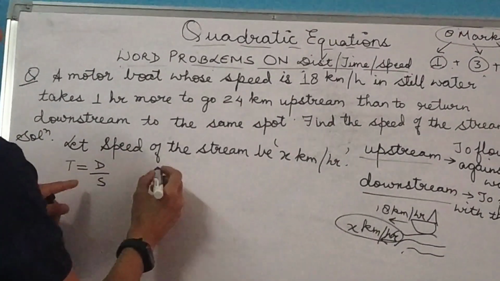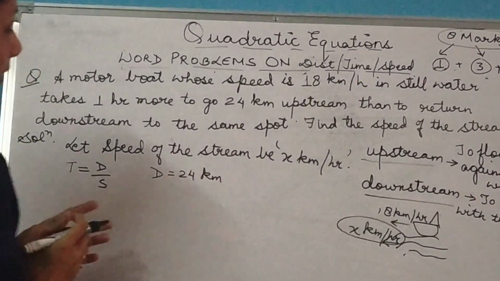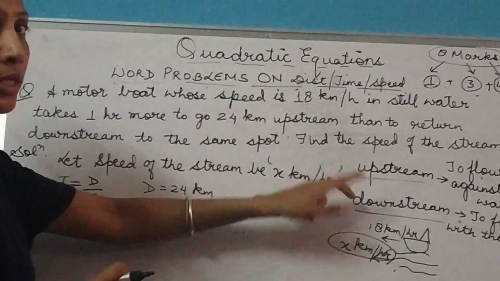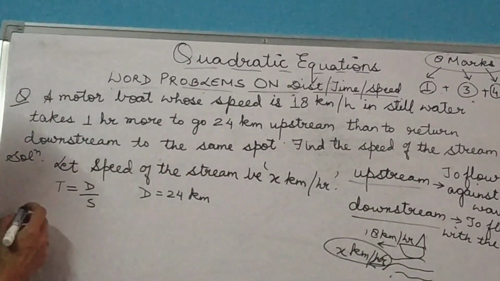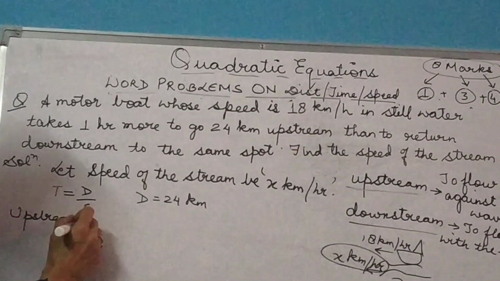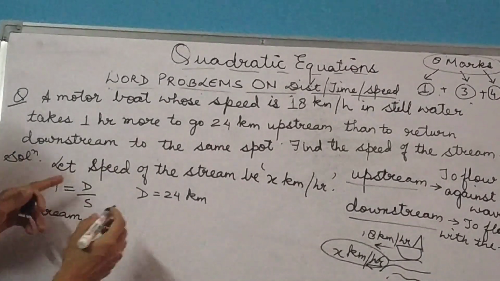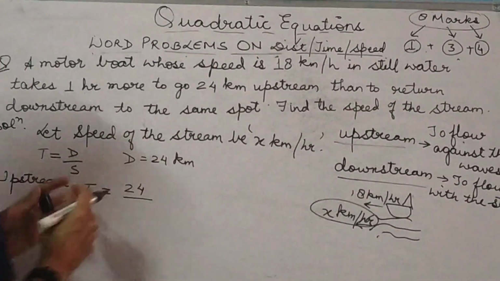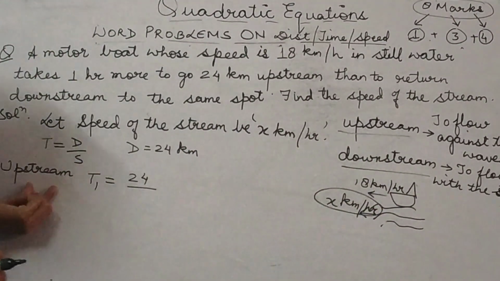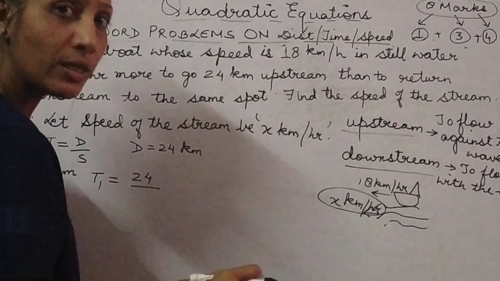Now the distance here is given, 24 kilometers, but in both the cases, that means in upstream and downstream, the time will be different. So first of all, I will take up the case of upstream. T1 will be, distance is 24, the boat speed is 18 km per hour, and if I am moving against the stream, that means my speed will decrease.